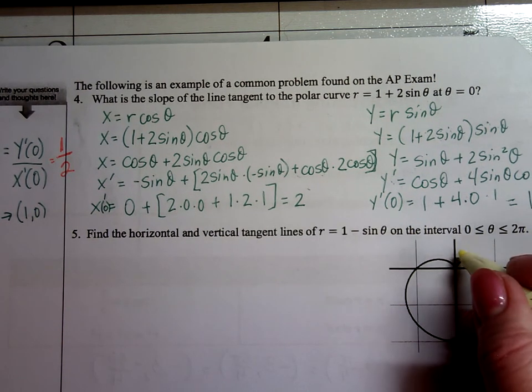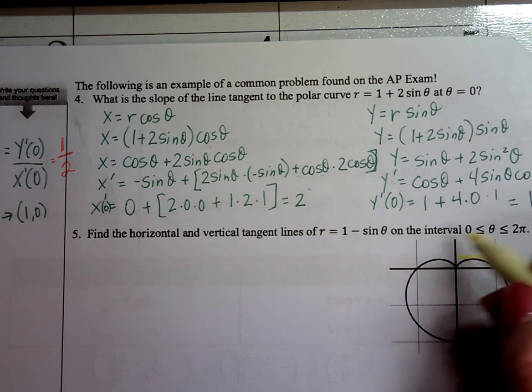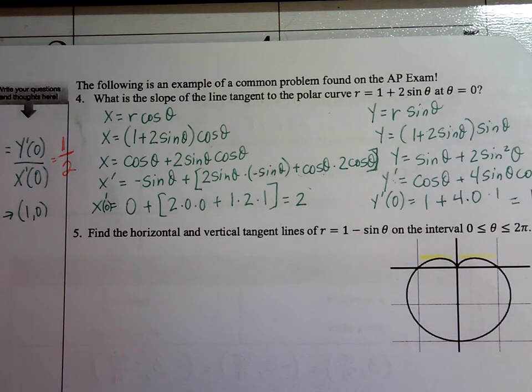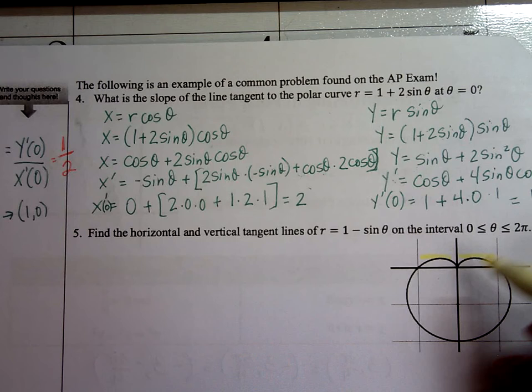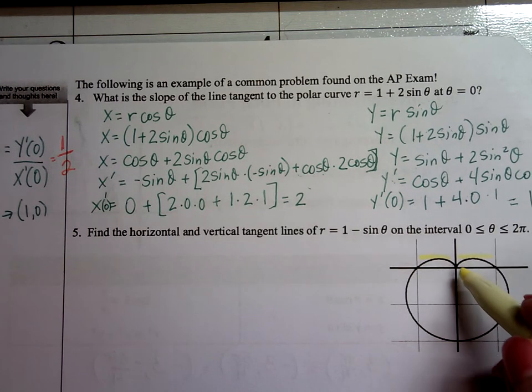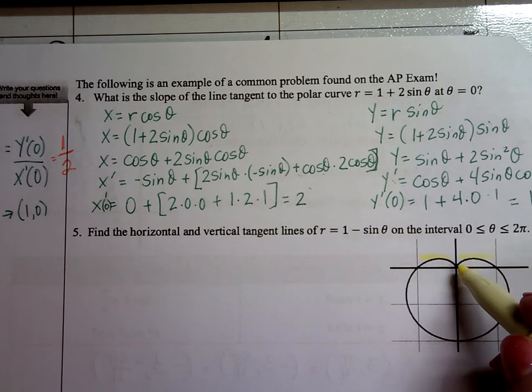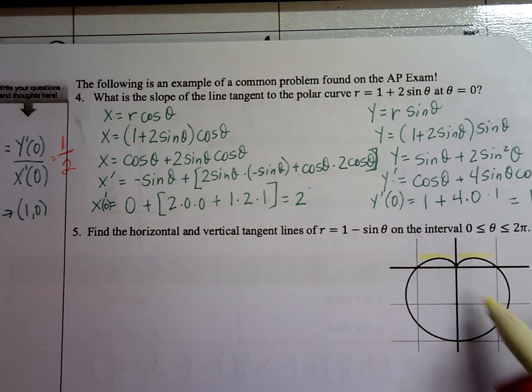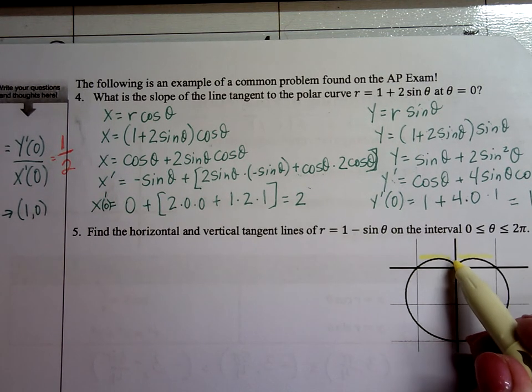There would be one here, there would be one here. And believe it or not, they're not the same thing. And that's because, remember how these are directional? This one's in the first quadrant, so the angle has to be somewhere between 0 and pi over 2, where this one's in the second quadrant, so its angle has to be between pi over 2 and pi.